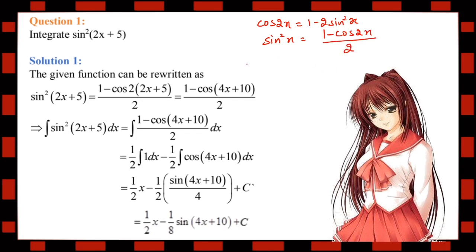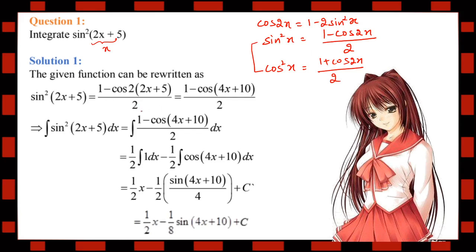We are going to use this property, and we'll treat it as x. Sin square x is equal to (1 minus cos 2x) upon 2. This type of conversion, substitution and use of identities makes our calculation simple. In the same way, cos square x we can write as (1 plus cos 2x) upon 2. So we have to keep these two things in our mind.